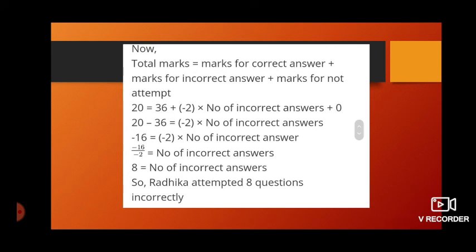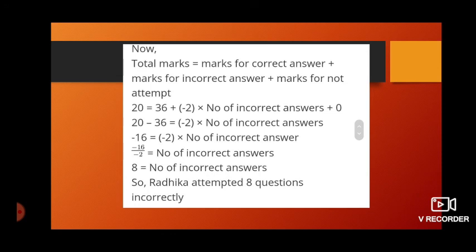Now, total marks will be marks for the correct answers plus marks for incorrect answers plus marks for not attempted. Total marks she got is 20.